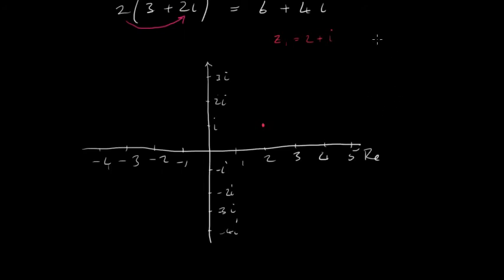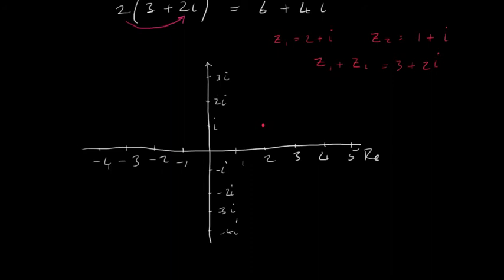Now I'm going to take another complex number, let's call it z2, and I'm going to call that 1 plus i. I'm going to add these two together. So if I do z1 plus z2, that will give me 2 plus 1, which is 3, and i plus i, which is 2i. So I get 3 plus 2i.